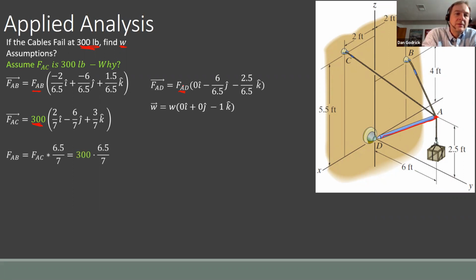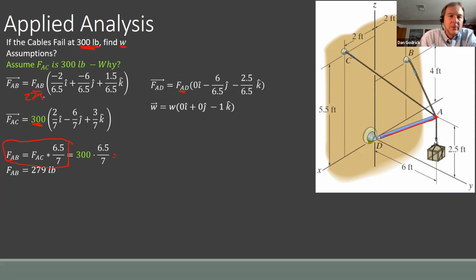But we do know the magnitude of FAB is the magnitude of FAC times 6.5 over 7. We just found that out on the last slide. So we know the magnitude of FAB. It's 300 times 6.5 over 7, which I believe is like 279. 279 pounds. Sweet. So we're just going to put that in.